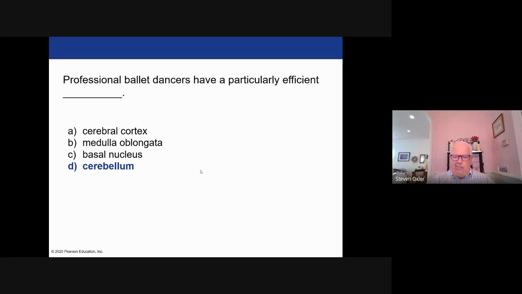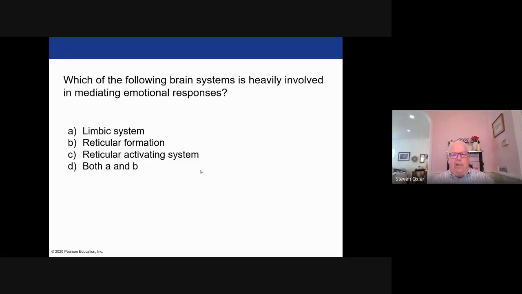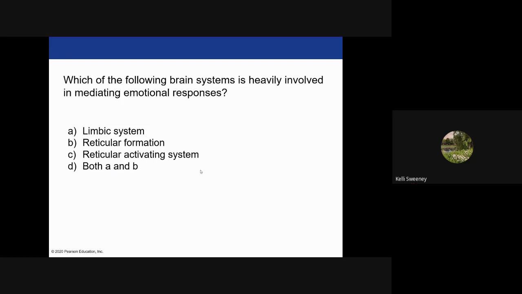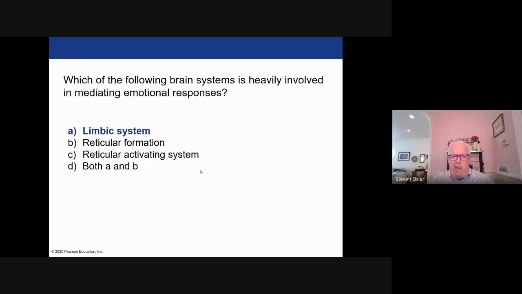So the cerebellum is balance. Which of the following brain systems is heavily involved in emotional responses? We briefly talked about this. A. A, you are correct. Limbic system, all right?